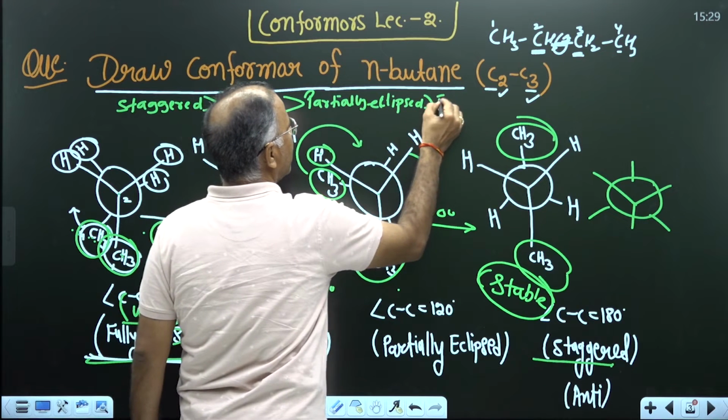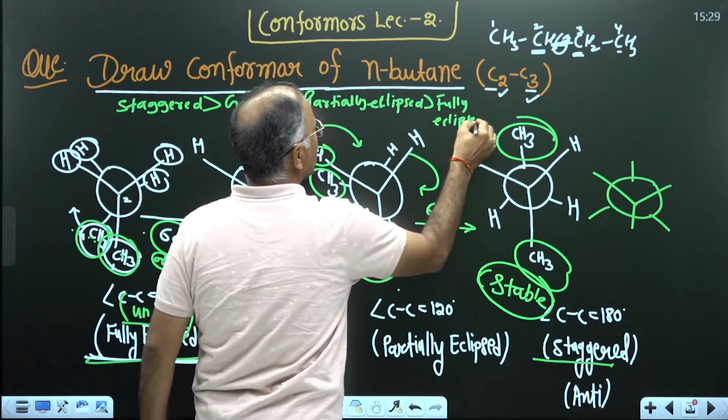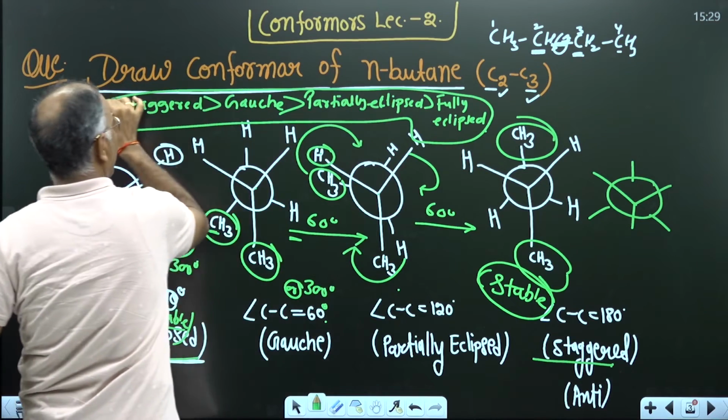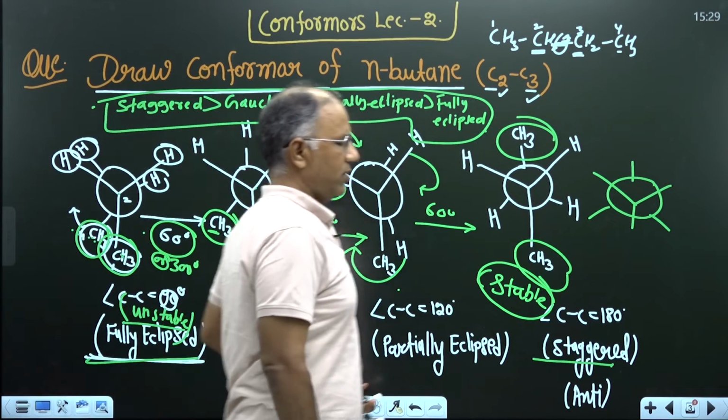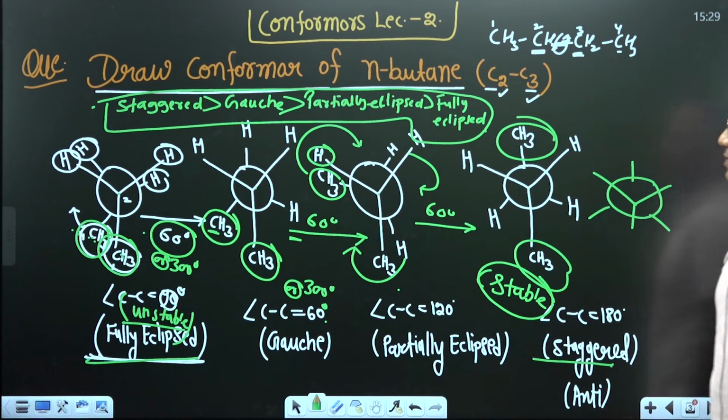And then again it is fully eclipsed. Got it? So note down, the relative stability is: staggered is more stable than gauche, then it is more stable than partially eclipsed, and the most unstable is fully eclipsed.